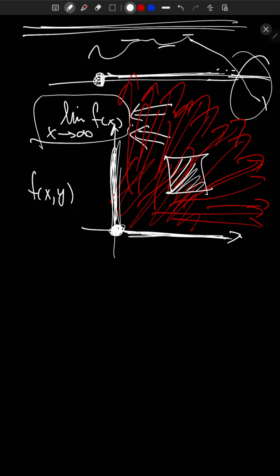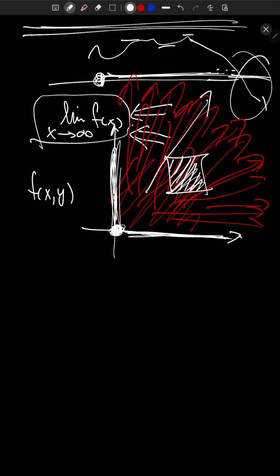In real life, it's a very, very serious consideration. But because this is the first time we're seeing this material, I'm going to try to restrict ourselves to either cases where going to infinity obviously isn't what we're looking for, or we're just going to do a fixed bounded region.